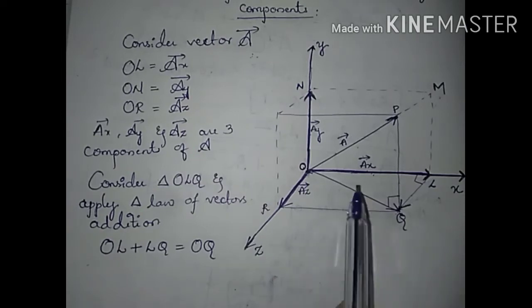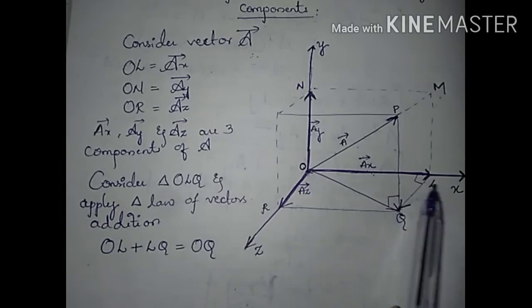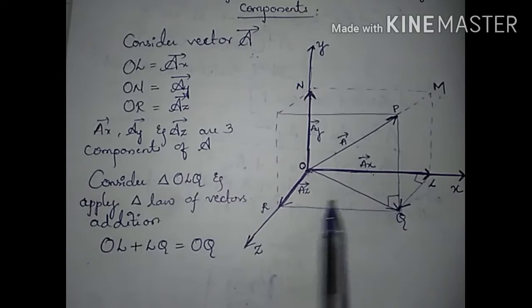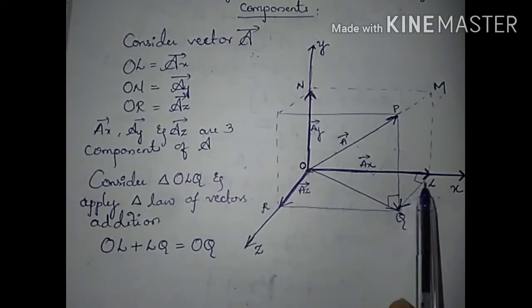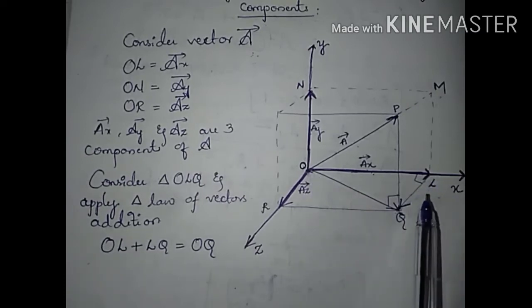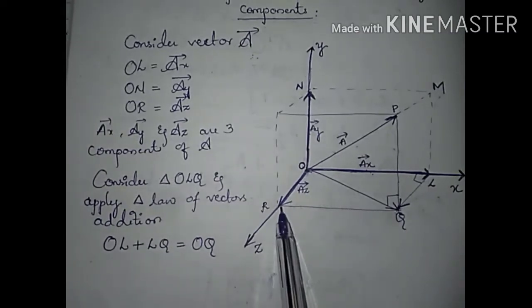Now if you see from the diagram, LQ is equal to what? LQ is equal to OR. These edges of a rectangular box are parallel to the 3 axes, so from that condition you can write LQ is equal to OR.